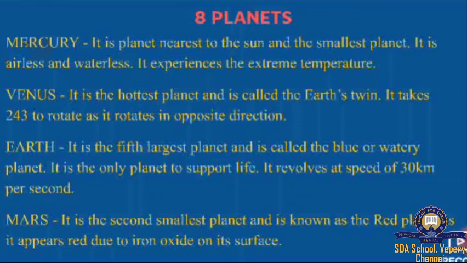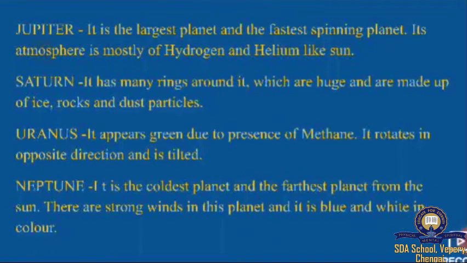So moving on to the outer planets. The first outer planet is Jupiter. It is the largest planet and the fastest spinning planet. Its atmosphere is mostly hydrogen and helium like the sun. Next is Saturn.